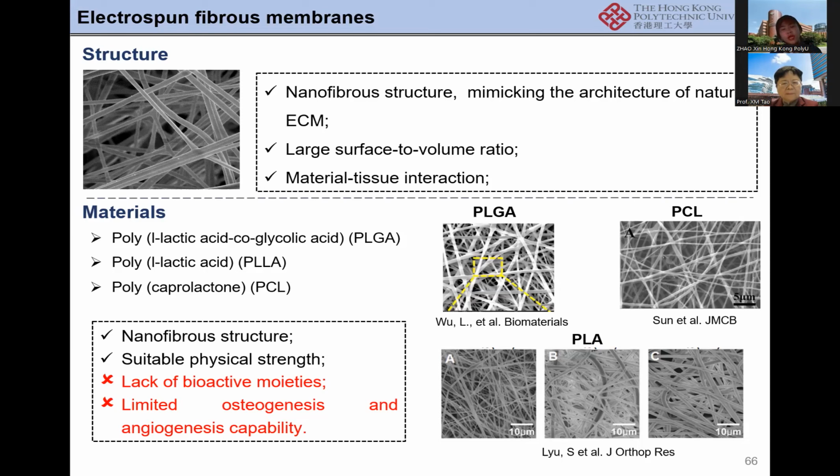So we can make these kinds of gradient scaffolds, for example, to treat tendon-to-bone or other joint interfaces, because we need to match different mechanical properties. Yeah, that sounds exciting, actually.